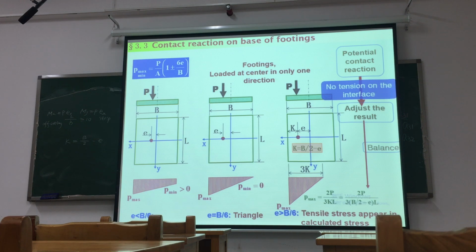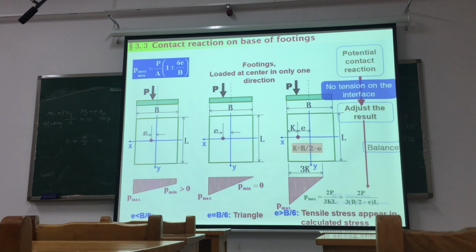Okay, use the equation of the vertical direction. Maybe the center of the triangle is the same as the location of the load. That's right. Maybe the center of the triangle is the same as the load point, the location of the load.